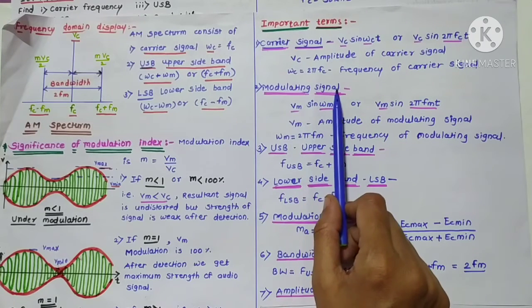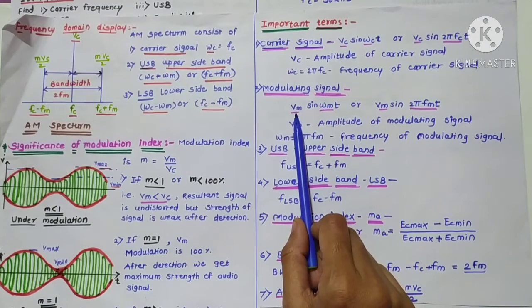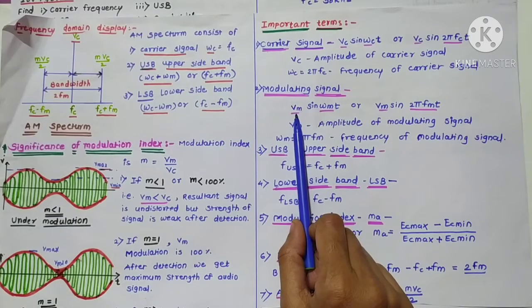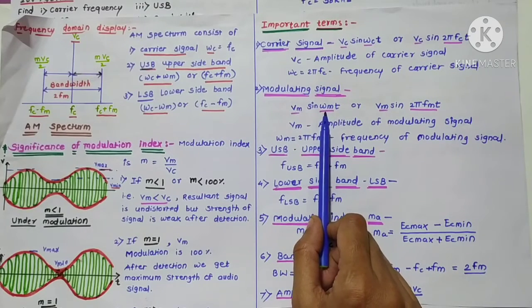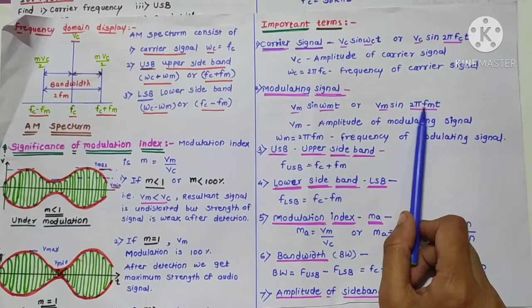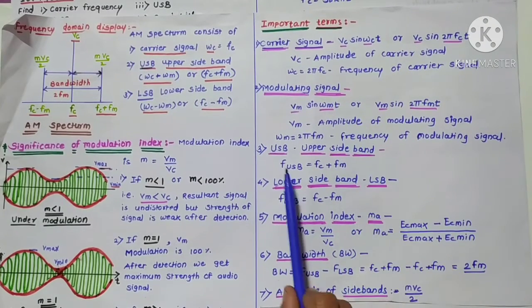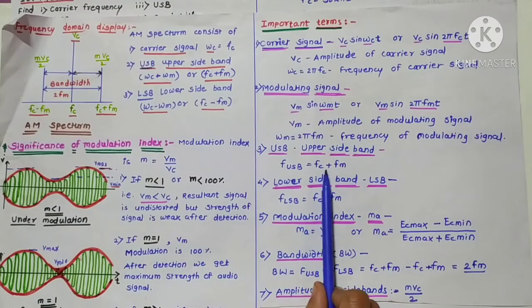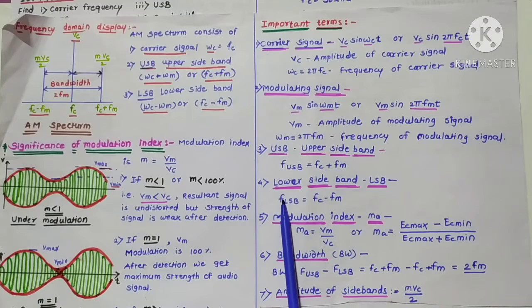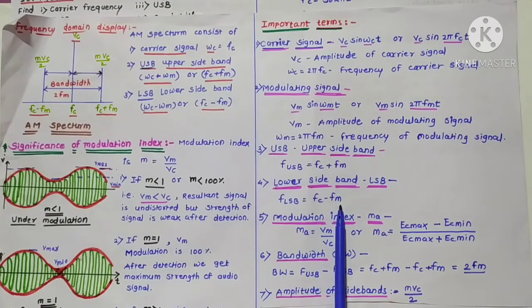Same here for modulating signal. This is Vm, the amplitude of the modulating signal, and omega m or 2 pi fm is the frequency of the modulating signal. And the formula for upper sideband is FUSB equals fc plus fm. Then the formula for frequency of lower sideband is fc minus fm.